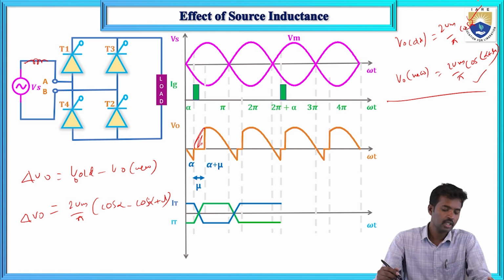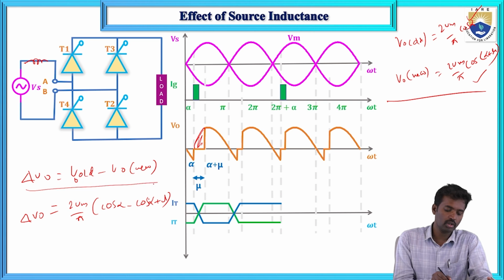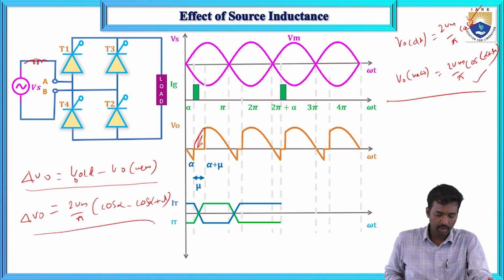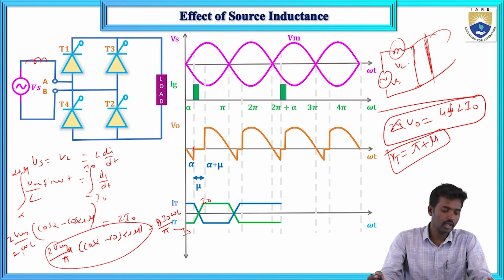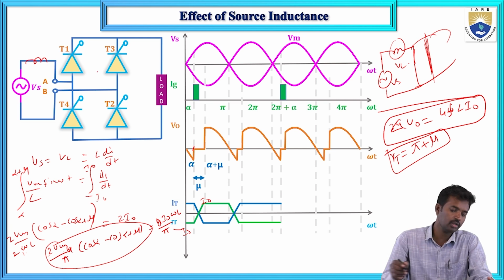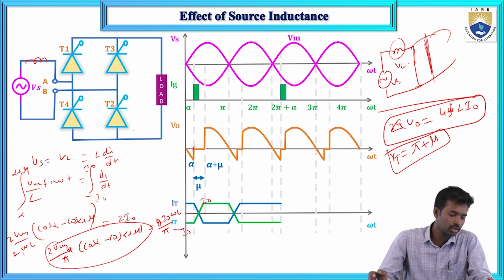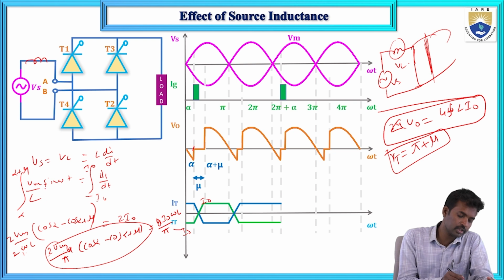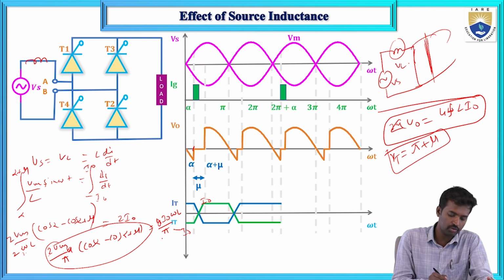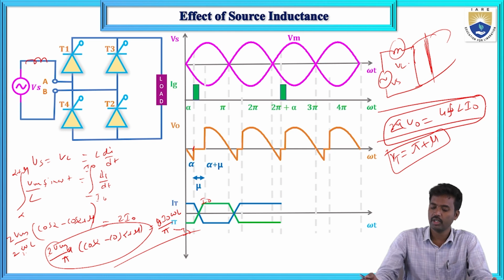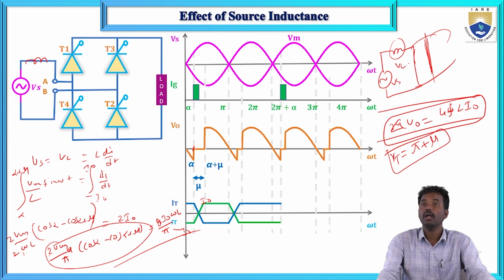And next, the reduction in the voltage formula is 2Vm by pi cos alpha minus cos alpha plus mu. With source inductance, all switches are short circuited. So Vs equals VL only. VL means L di by dt. So now alpha to alpha plus mu, Vm by omega L. If you simplify this one, this is the formula: delta V naught equals 4F L I naught.